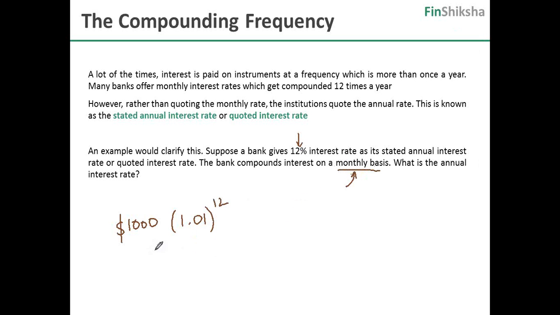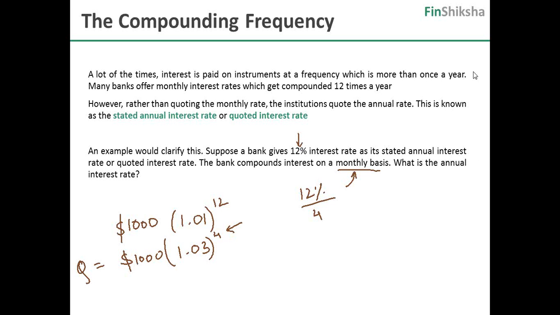Fine. If it is quarterly, you will take the same 12%. On a per quarter basis, you are effectively earning 12% divided by 4. So in the case of a quarterly scenario, you have your $1,000 multiplied by 1.03 to the power 4, because you have 4 periods which are giving you 3% rate.